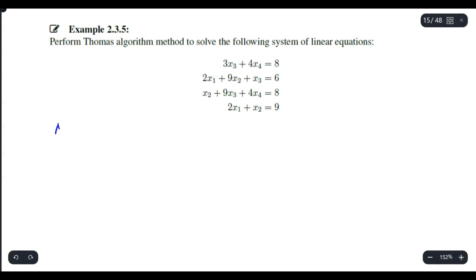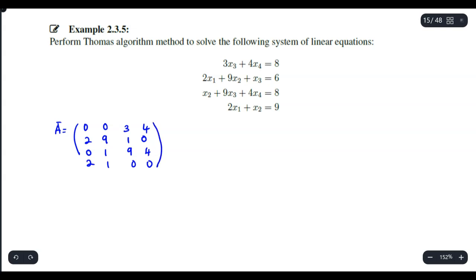Initially, if we take out our A, then we have 0, 0, 3, 4, 2, 9, 1, 0, 0, 1, 9, and 4, and then 2, 1, 0, 0.